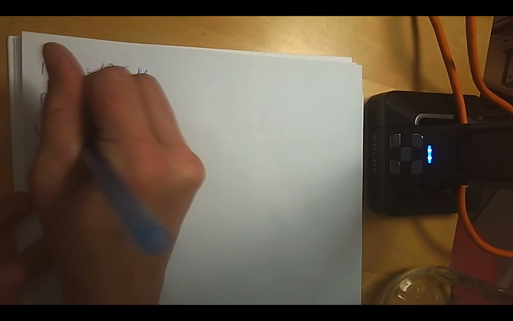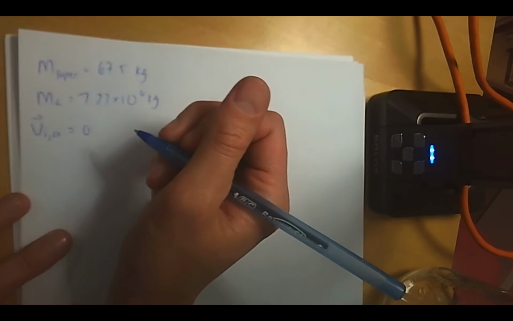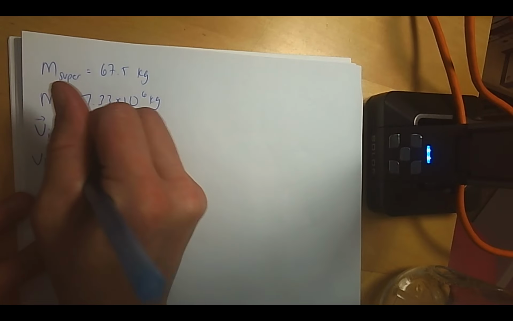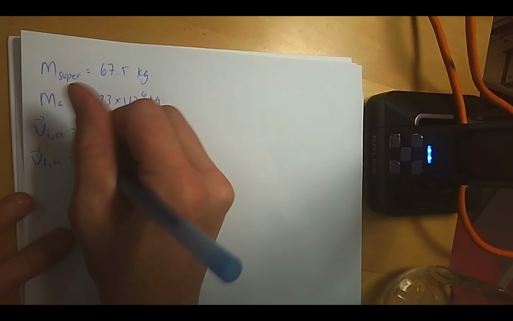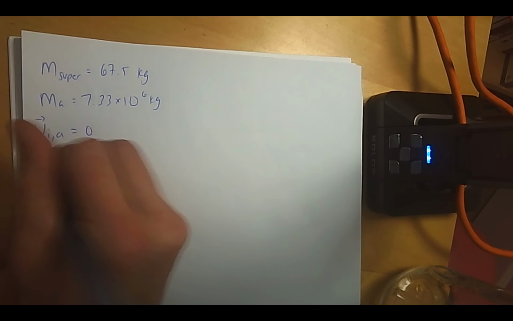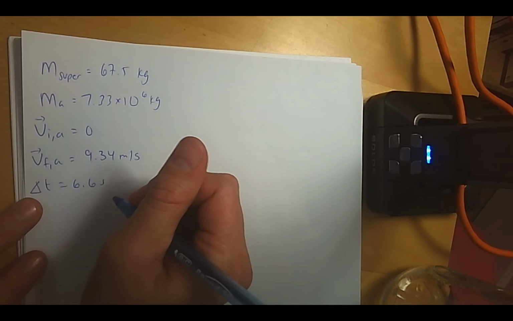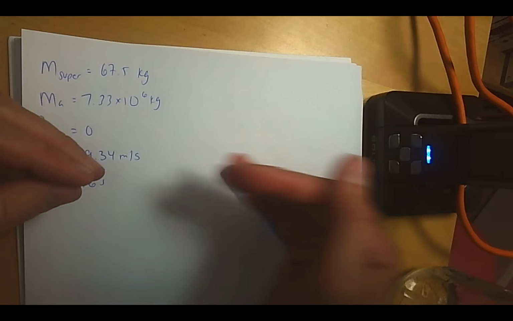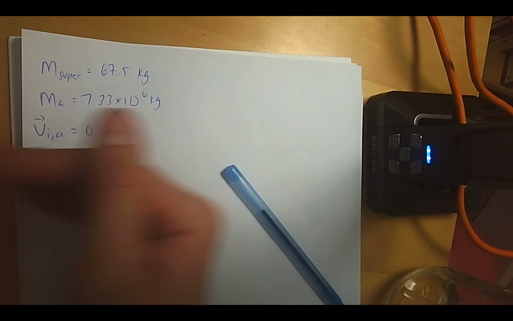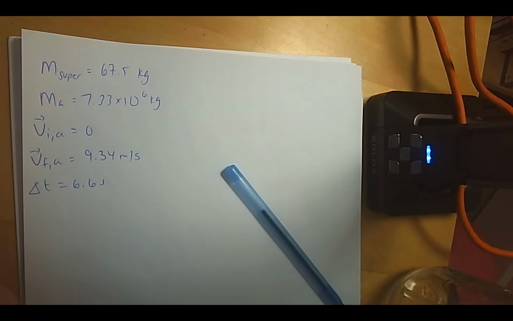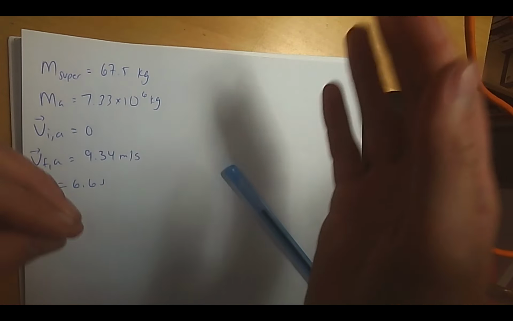So the initial velocity of the asteroid is 0, but it's accelerated to, so final velocity of the asteroid, 9.34 meters per second in the 6.6 seconds that it takes Superman to push it away. So, the asteroid was coming towards Superman, and then he stopped it and then pushes it away. So we're looking at the interaction after it comes to rest, and he's pushing it away.